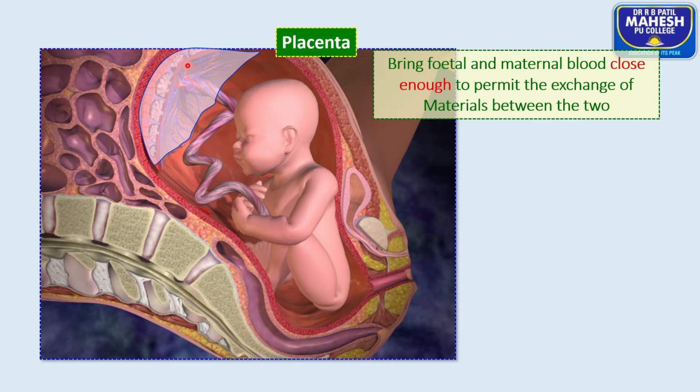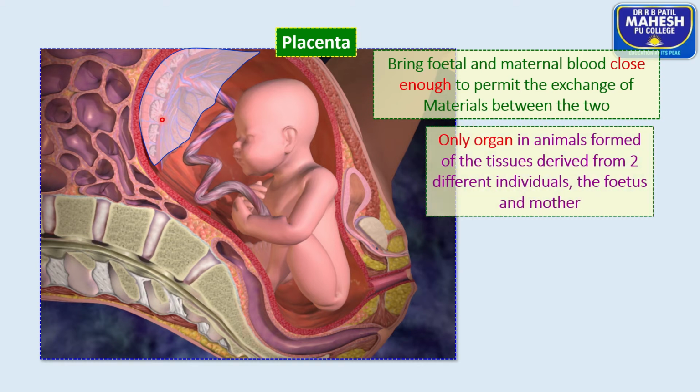And towards the maternal side, the chorion and allantois fuse together to form the chorioallantoic membrane, which develops finger-like projections called chorionic villi. These chorionic villi fit into the depressions of maternal tissue and establish the connection between mother and the fetus, and that connection we call a placenta.